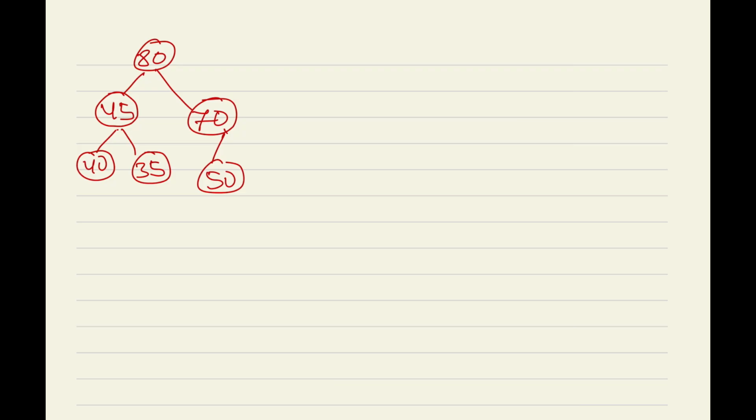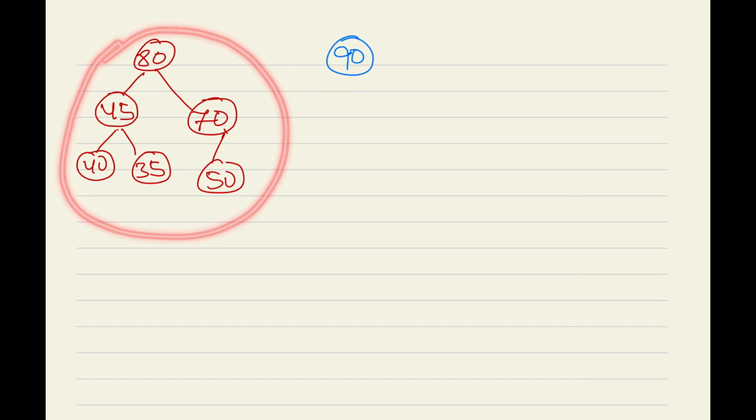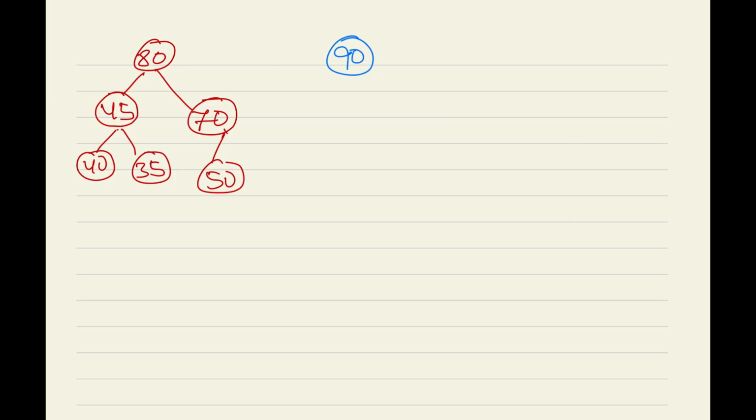Now we want to add or insert one element into the heap. Assume the element value is 90. If we want to insert the element 90 into this existing heap, where should we add it?